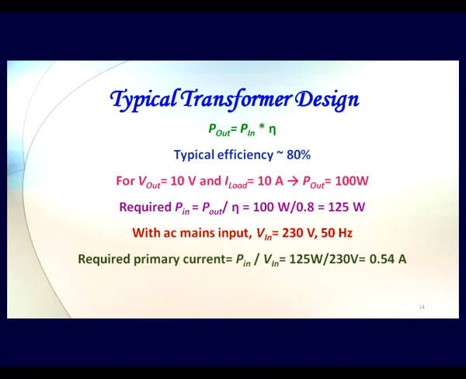Of course, the current rating as we are calculating here is going to basically decide on what gauge of wire we are going to use for the primary and secondary of the transformer. More the current, we need thicker coil or thicker wire used for winding the secondary. Whereas in primary, since the current requirement is lesser, we can use a thinner or higher gauge wire.